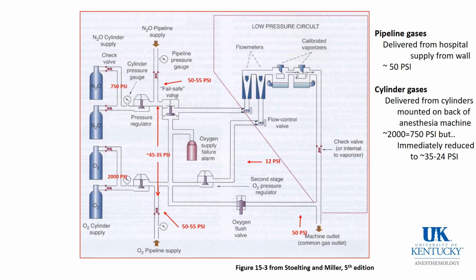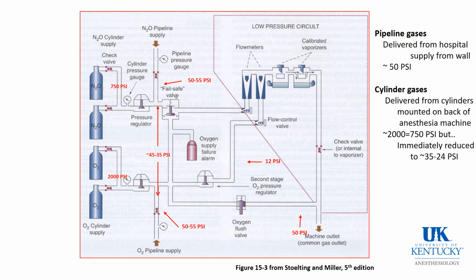But we're going to talk about the standard machine with nitrous and oxygen. And they're connected to the wall, and the pipelines come into the system here. In addition, we have cylinders, and these are interconnected.